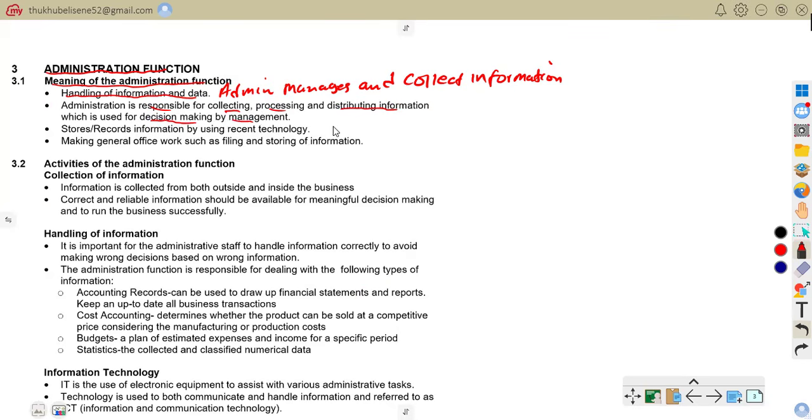So, it means that as we said, administration shows when we are managing this model in relation to the system.